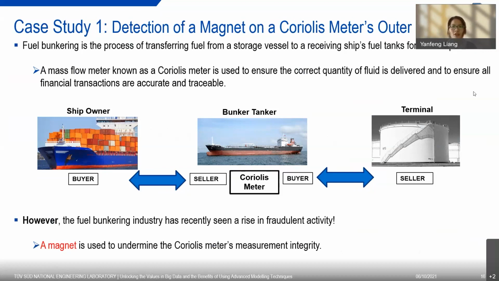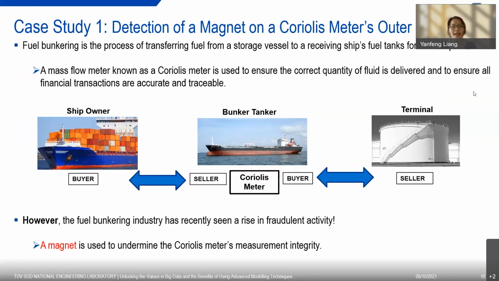It is a criminal offence because it influences the measurement. For example, the seller may end up selling less fuel than agreed, resulting in the buyer paying more than what is received. It's very important that we are able to detect it and stop it straight away.